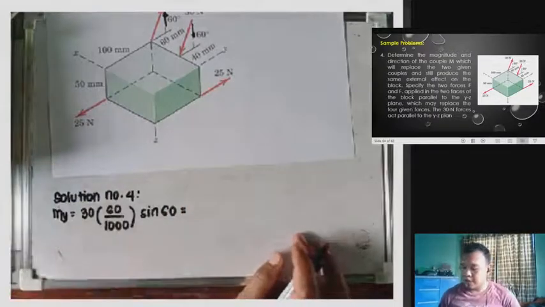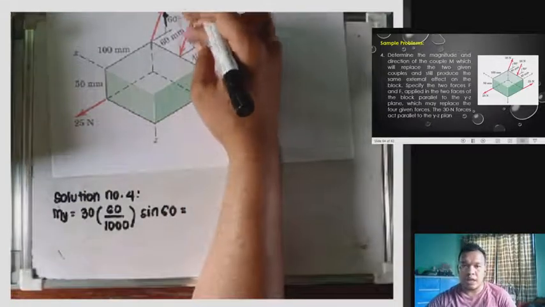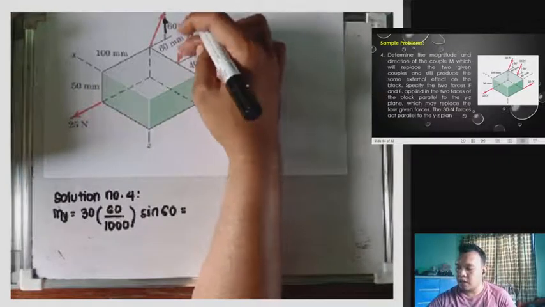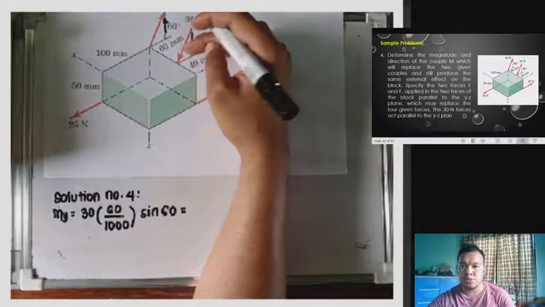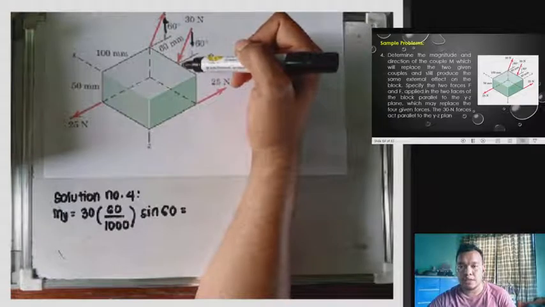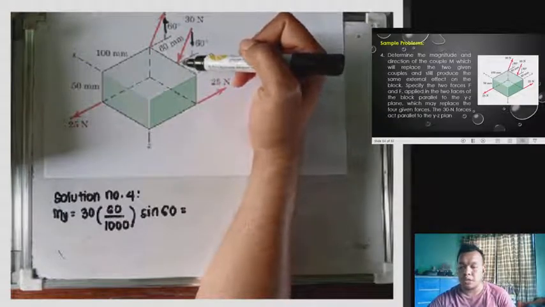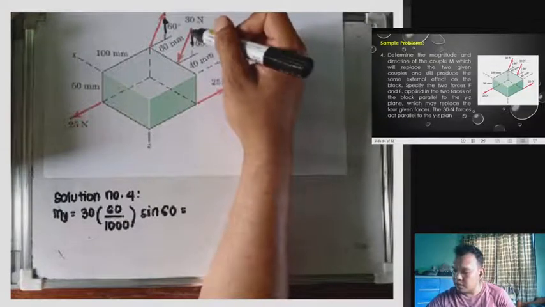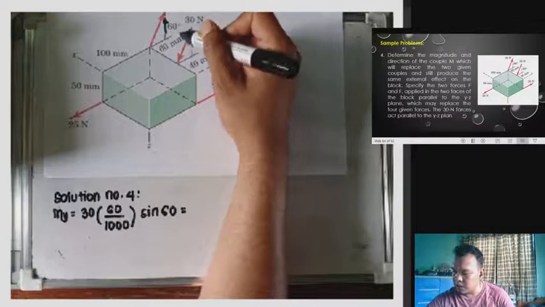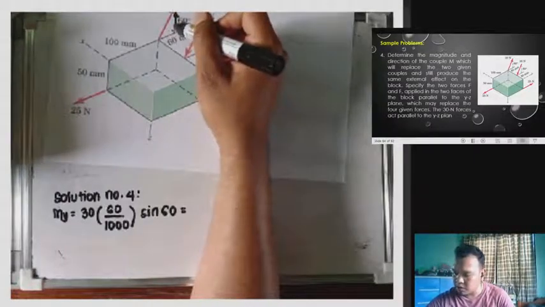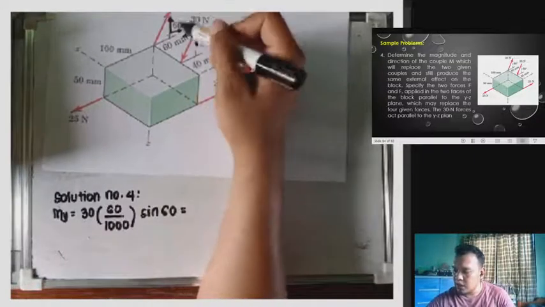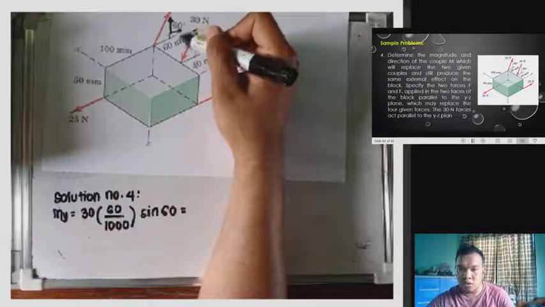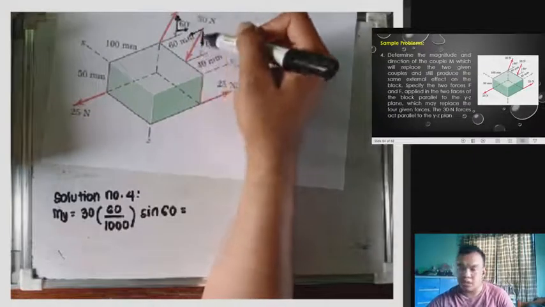Itong naka-angle na force natin which is 30 Newton. Since naka-angle siya, may dalawa siyang component. So, we have here yung downward force and yung pag ganitong force niya. Meron din tayong pag ganitong force. So, bale, ito at ito is isang moment yan. Ito at ito is another moment yun.